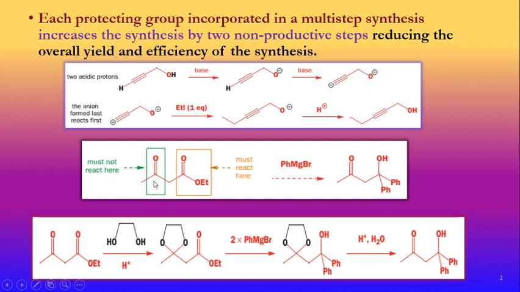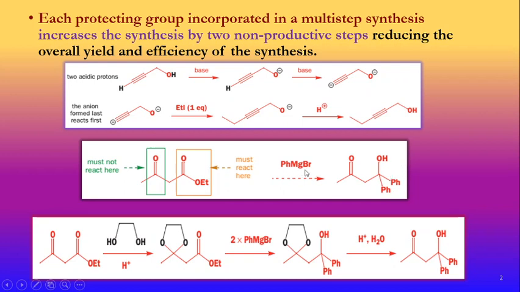In the next example, there are two functional groups, ester and ketone. The ketone is more reactive than the ester and here the reactant is a Grignard reagent, that is phenyl magnesium bromide, and in a product there is two times the reaction over this ester, that is the tertiary alcohol in this product.